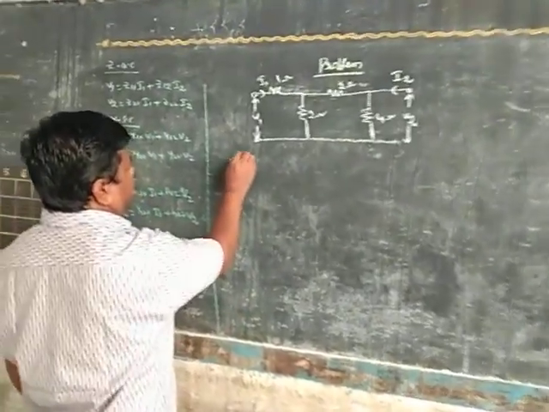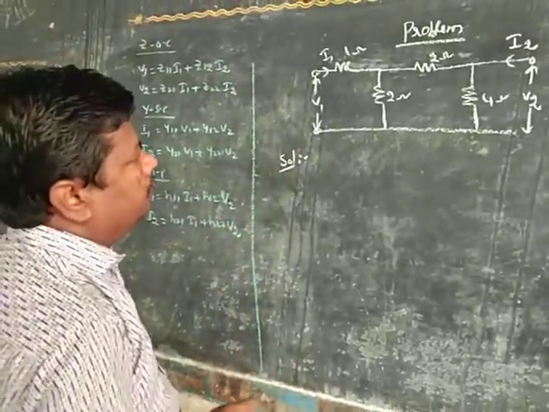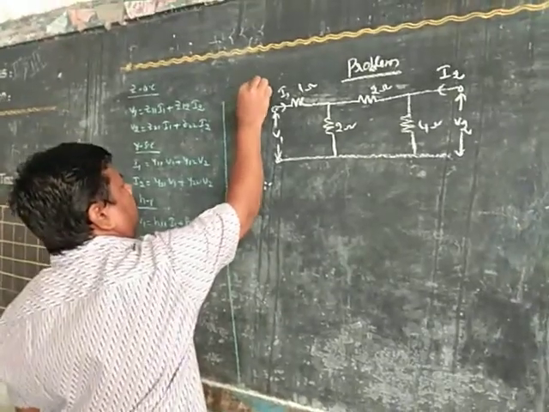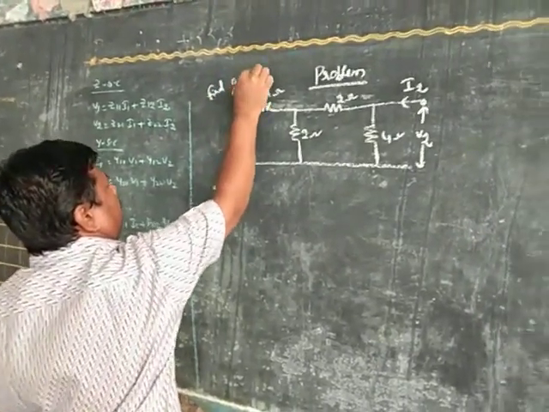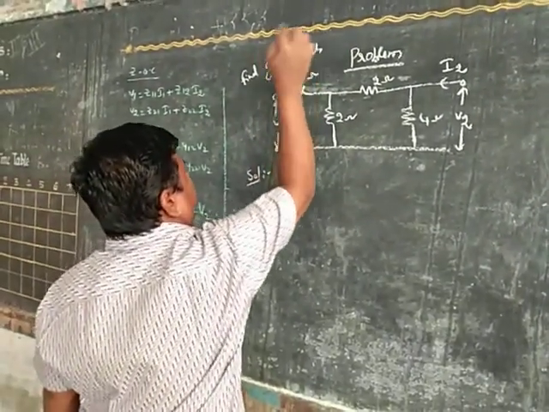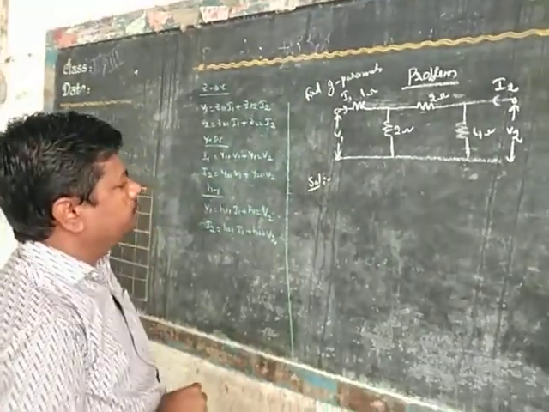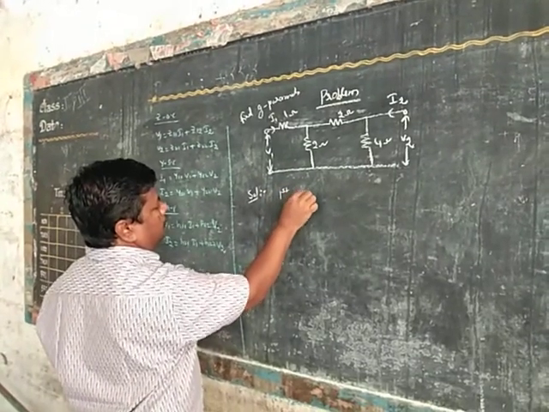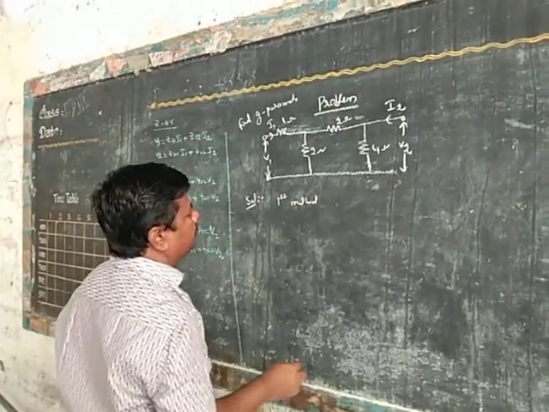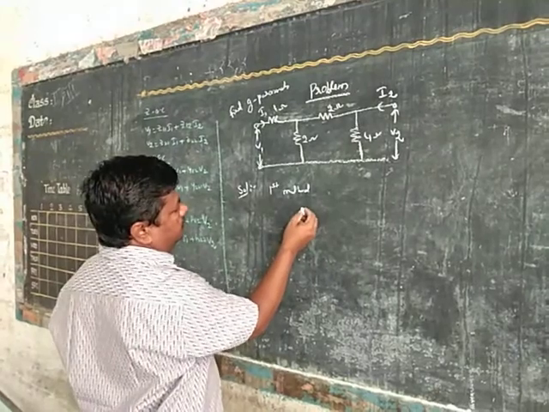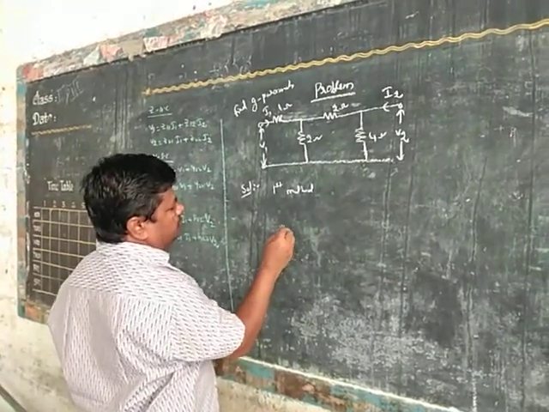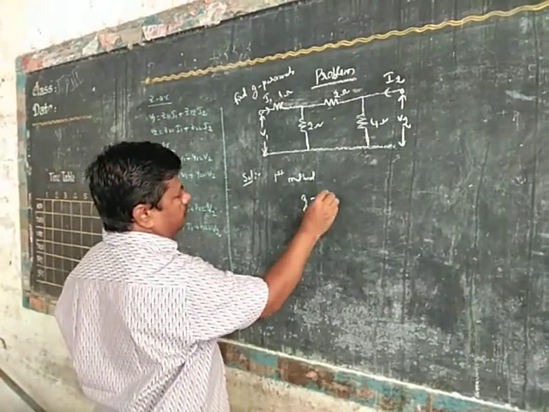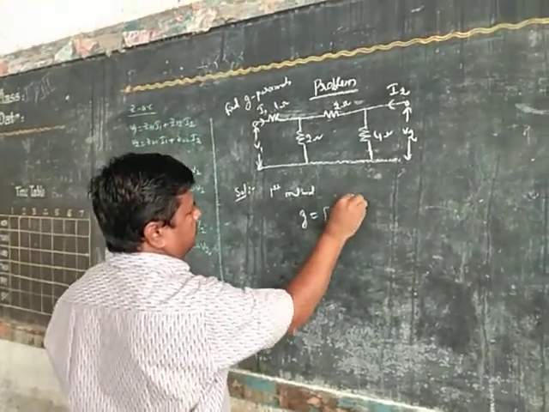The problem is: find G parameters for the following circuit. The first method is to first find h parameters, and after that the inverse h parameters. The relation is that the g parameter matrix is equal to h inverse.